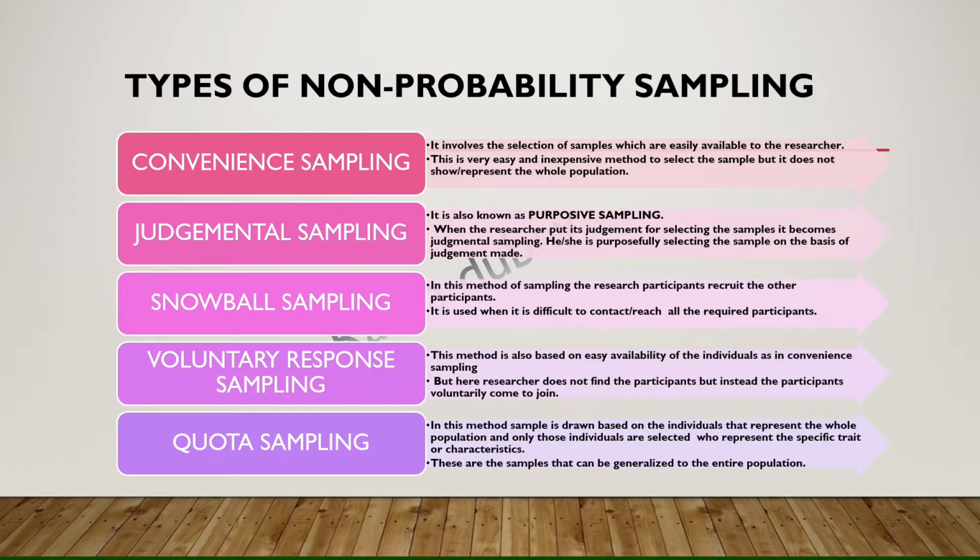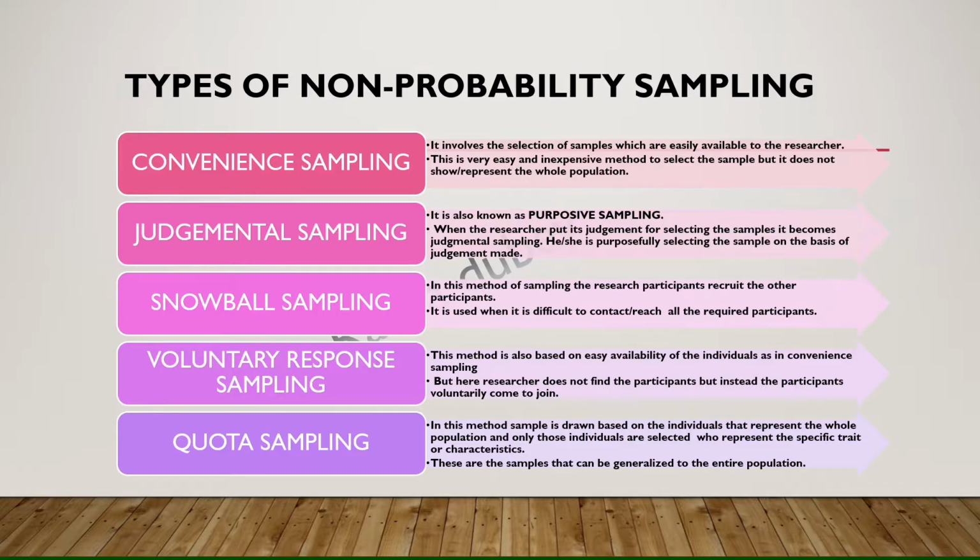Now, snowball sampling. In snowball sampling, suppose the researcher is selecting one participant. Now, in case he is not able to find the participants of his requirement, then what will the researcher do? He will allow the one participant to recruit or select the other participants also.